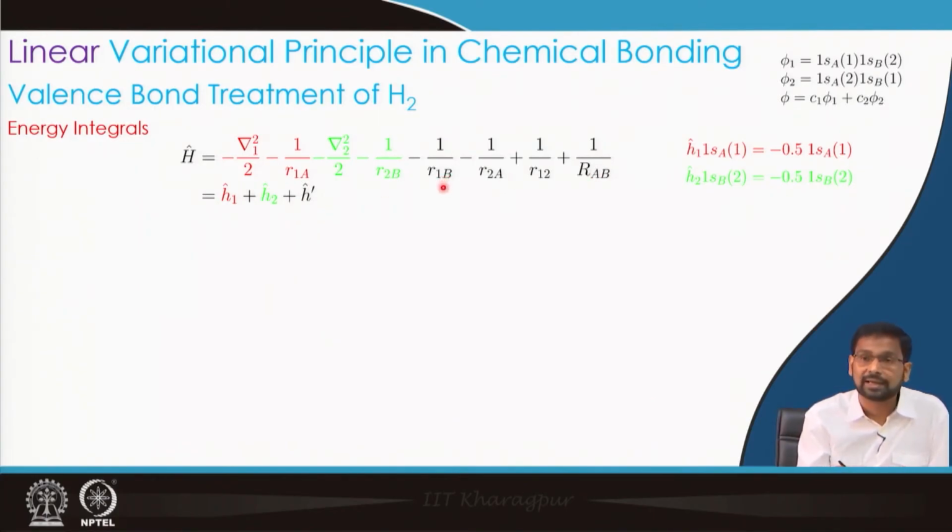What are they? Electron 1's interaction with nucleus B, electron 2's interaction with nucleus A. Remember, these two electron nuclear interactions are absent when there is no chemical bond.